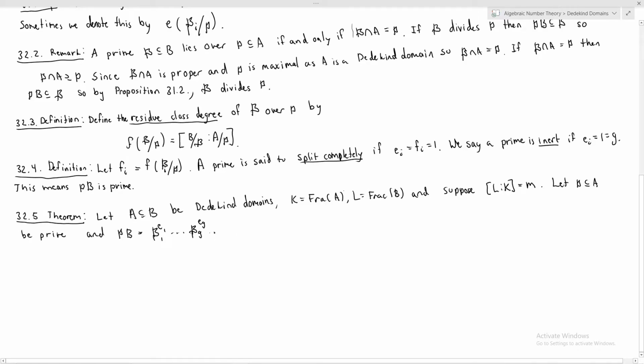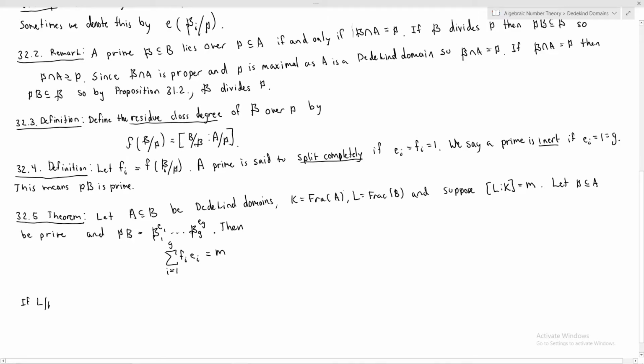If the Fi and Ei have the same notation as above, so the residue degrees and the ramification indices, then basically there's the following constraint: the sum of all the products e_i times f_i has to be equal to the degree of these fields, m.